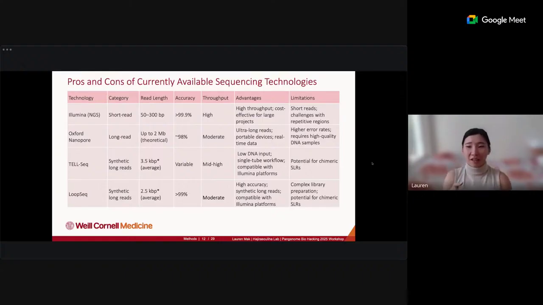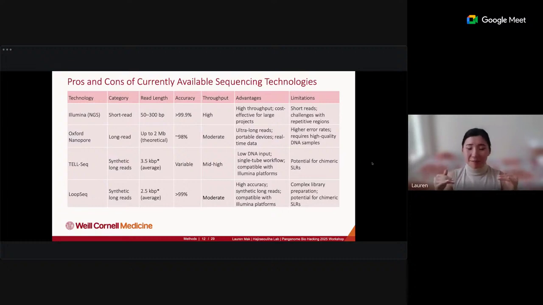So synthetic long reads, if you think all the way back to the mid-2010s, the company 10x had synthetic long reads or linked reads or barcoded short reads. What that means is if you have a single genomic fragment, traditionally with library prep, you just break it up into short reads and away we go, we sequence it.